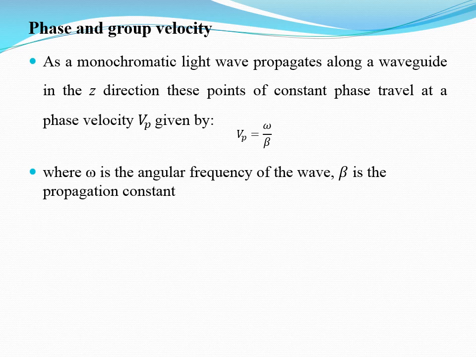As the light wave propagates along a waveguide in the z direction, points of constant phase travel at a velocity given by omega by beta. Omega is the angular frequency of the optical signal or wave, and beta is the propagation constant. So the velocity is based on the frequency and the propagation constant. These are just the definitions we have to understand.